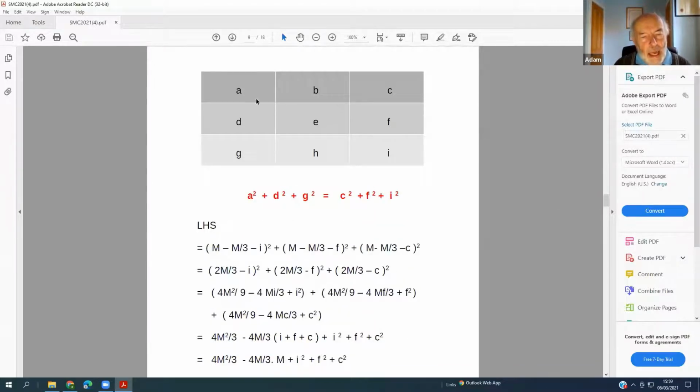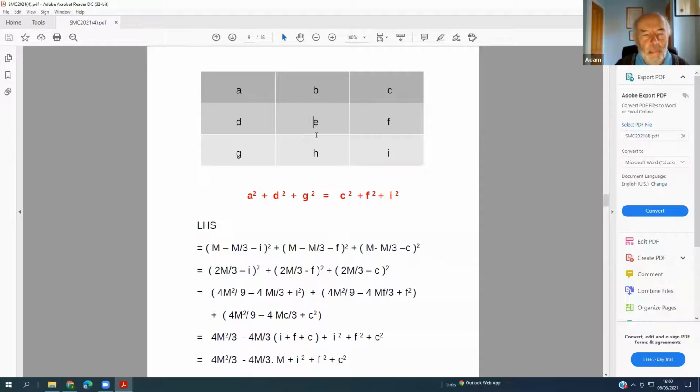Look at this diagonal. A plus E plus I equals M. But we have proved that E is a third of M. So therefore, A is M, the grand total, minus M over 3 from there, minus I. This is using something we've already proved.